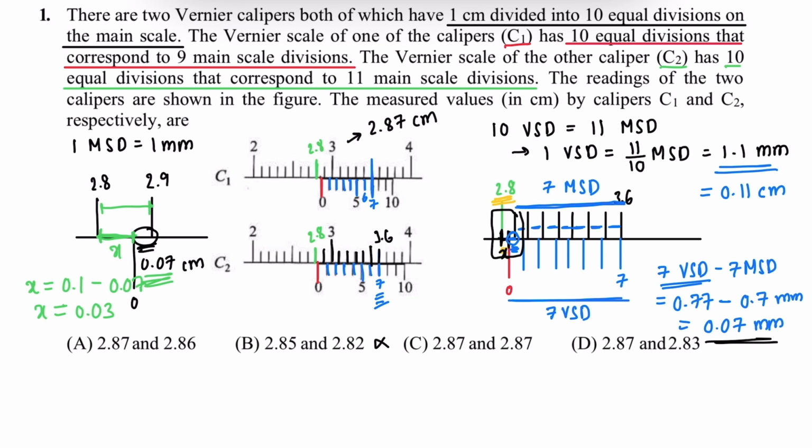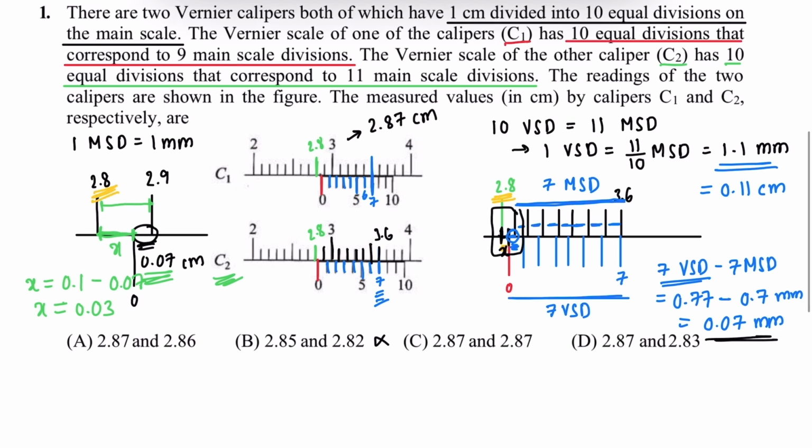And now we know, as I've mentioned before, the final reading of C2 is equal to 2.8 plus this x. So that would be 2.8 plus 0.03, which is equal to 2.83 centimeters. So our final answer would be option D, right here, which is this.